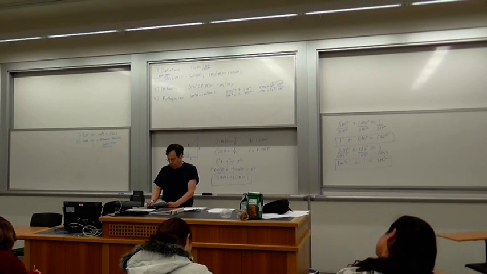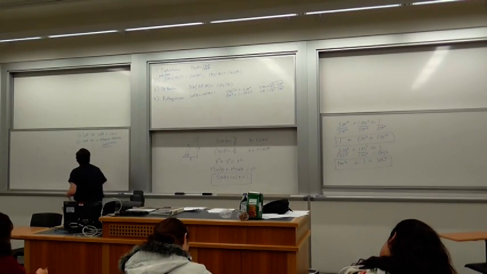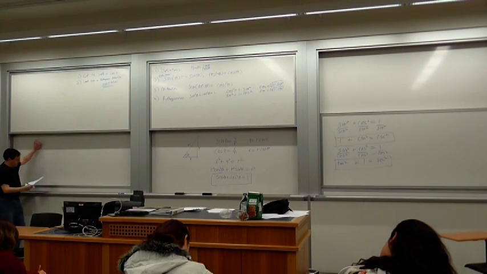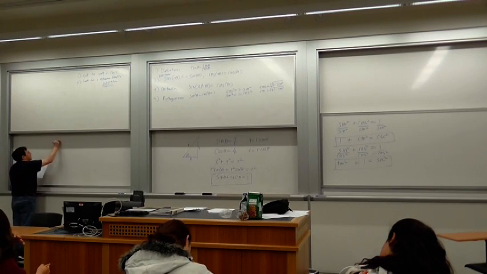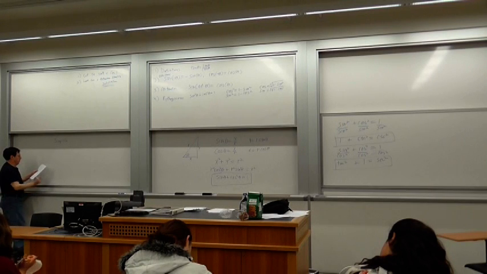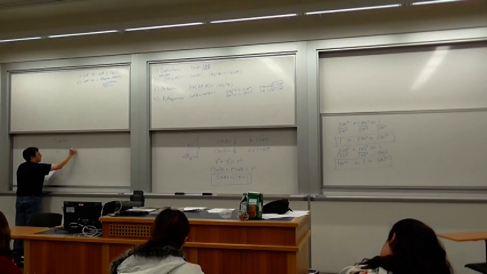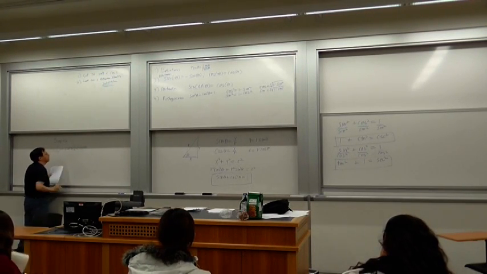I want to do a couple examples just to give you a feel for how this works. All right. So the first problem I want to show you is, simplify the following: 1 minus cosine squared theta times cotangent squared theta.